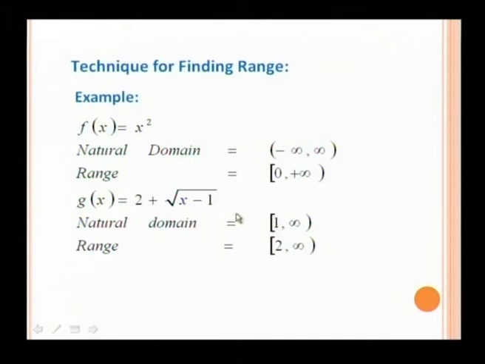If we put 1 in this function, we get 2 plus under the root 1 minus 1, which would become 0. So g of x would have a single value, which is 2. So the natural domain for this becomes 1 to infinity. So the final range for this function is 2 to infinity, where 2 is inclusive in the range and 1 is inclusive in the domain.